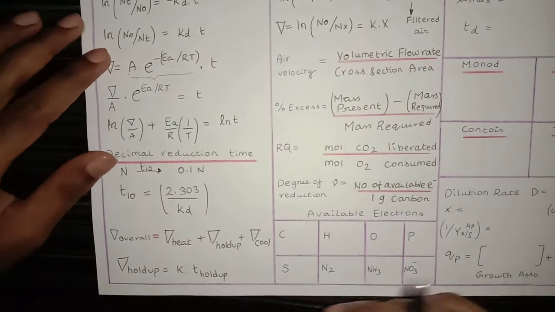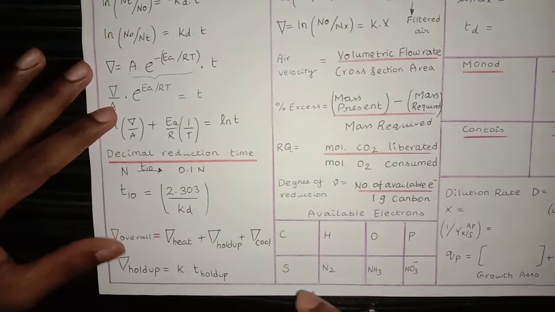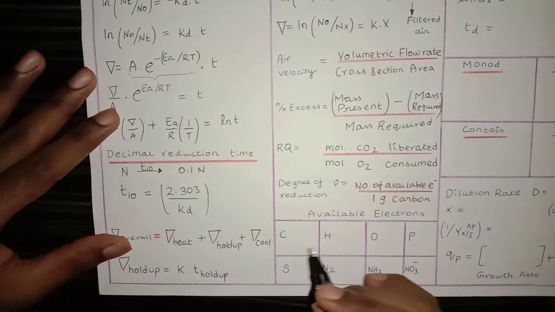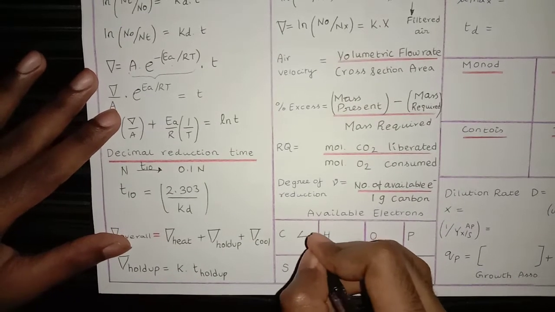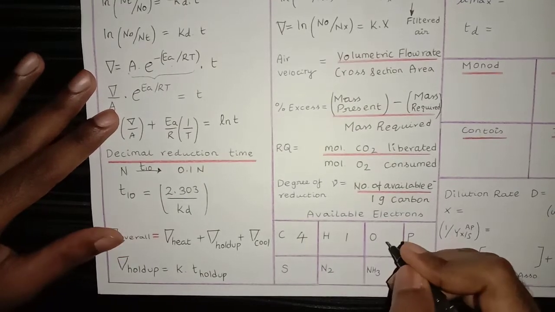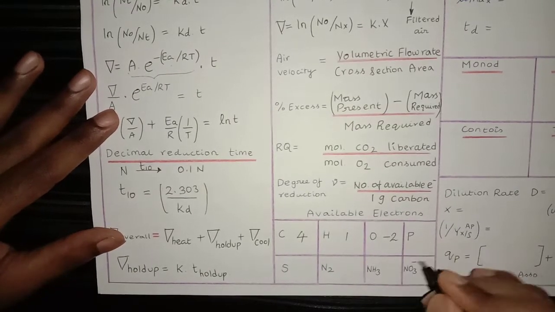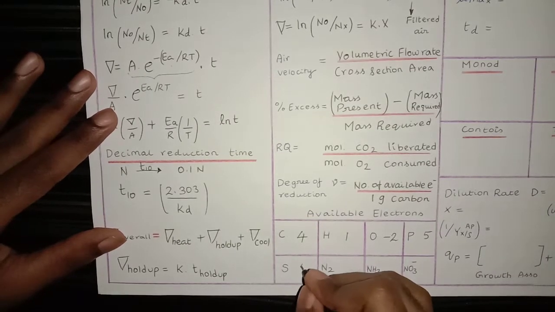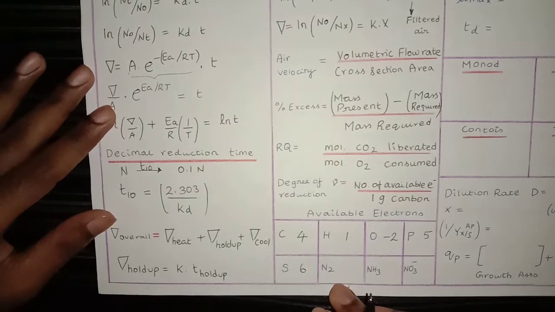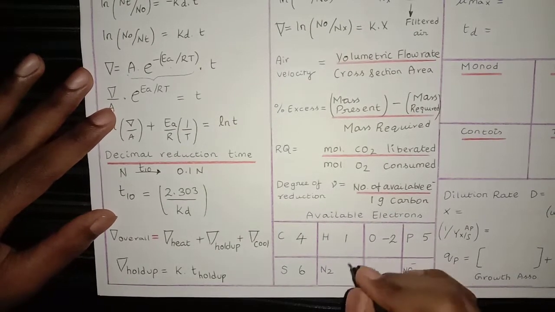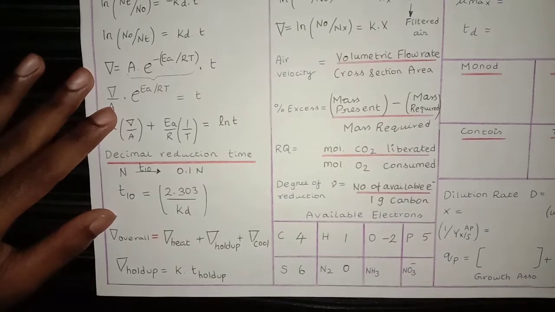So let's see the number of available electrons for different elements. Say carbon, the number of valence electrons in carbon is 4, so there are 4 available electrons. In case of hydrogen, it's 1. Oxygen valency is -2. And phosphorus, it's 5. Sulfur, 6. Nitrogen, in the form of molecular nitrogen, there are no electrons available, 0.